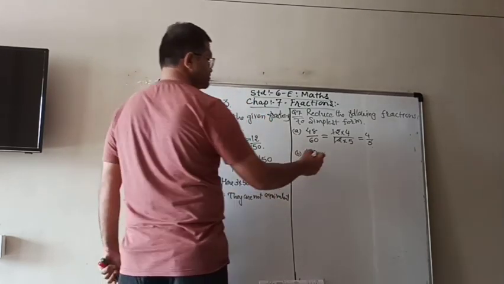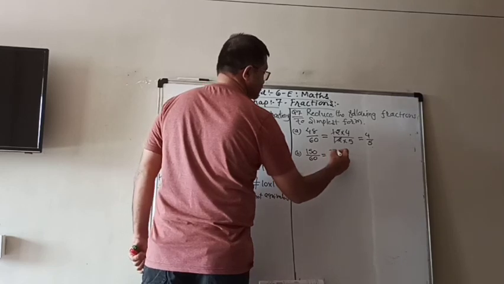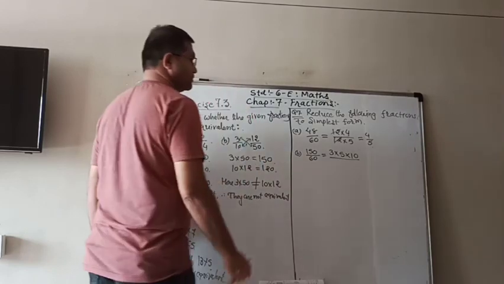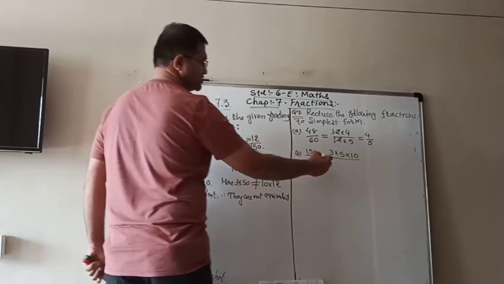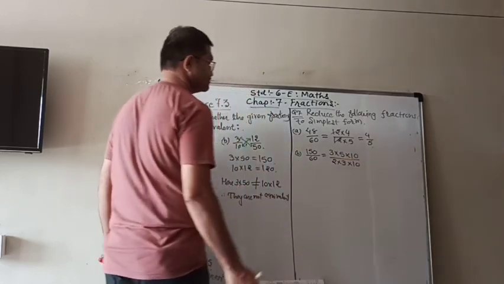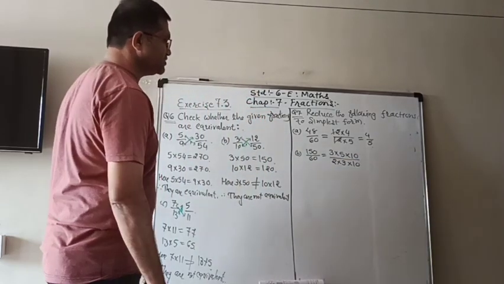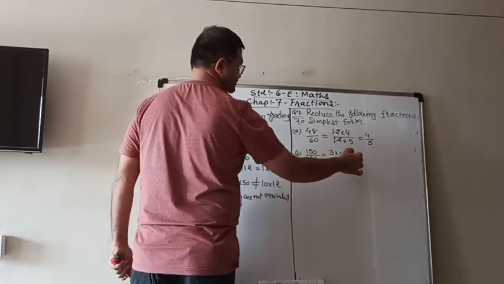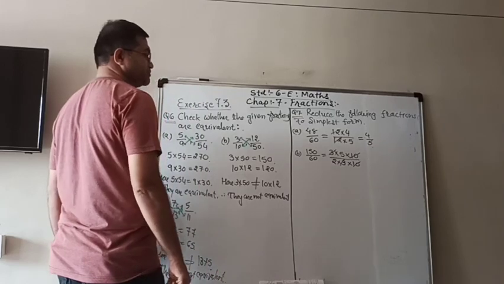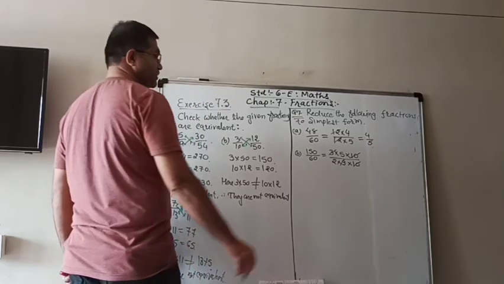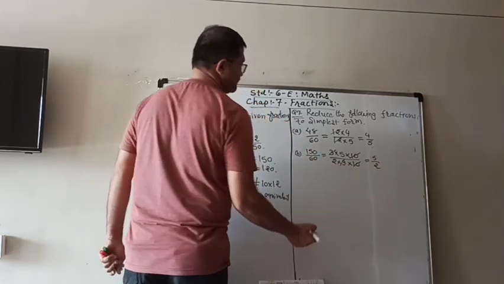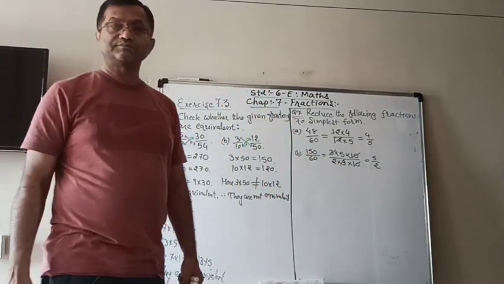So 150 is 15 into 10. 15 is 3 into 5, into 10. And then 60 is 6, 6 is 2 threes are 6, and into 10. So here you can see that 10 can be cancelled. 3 and 3 also get cancelled. So now the remaining is 5 upon 2, and they don't have any common factor except 1.